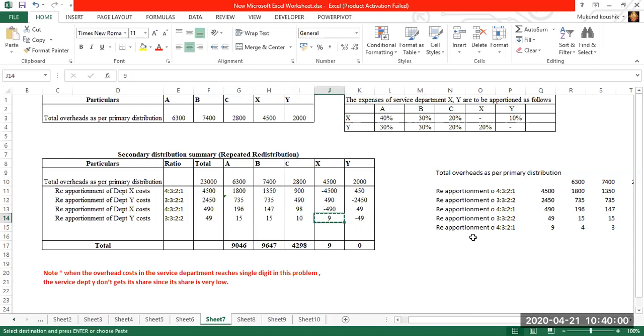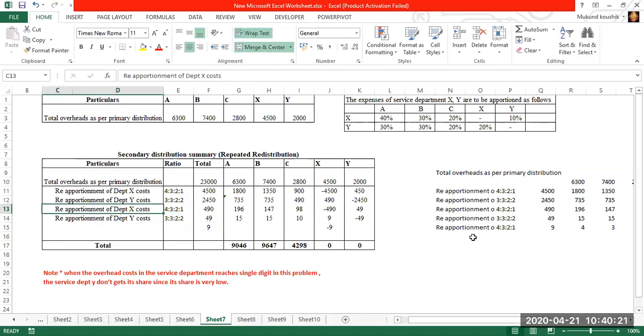So this 9 whatever is there, next we have to allocate this 9 to other departments. That means the entire 9 rupees of overheads sitting in service department X, we have to allocate. Now how do we allocate this 9 rupees?